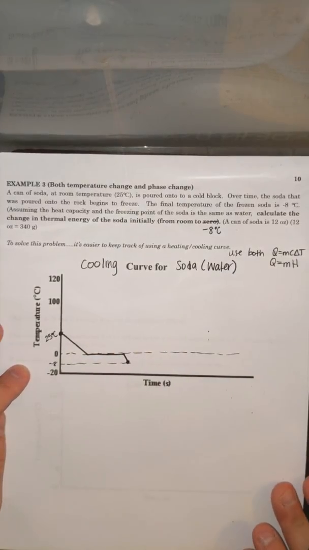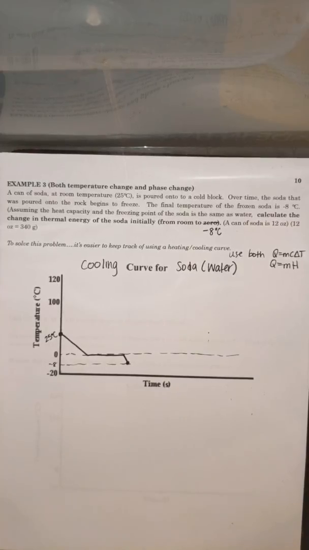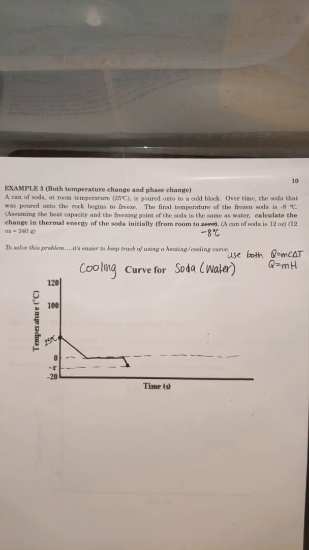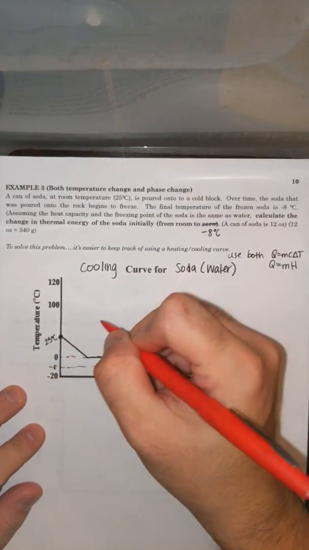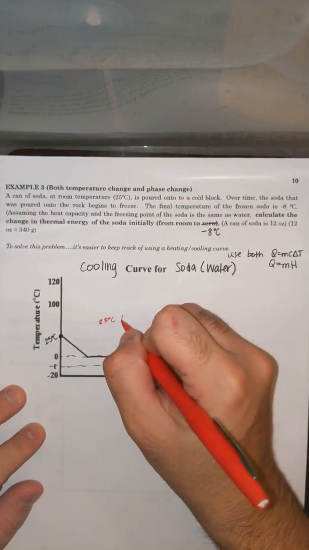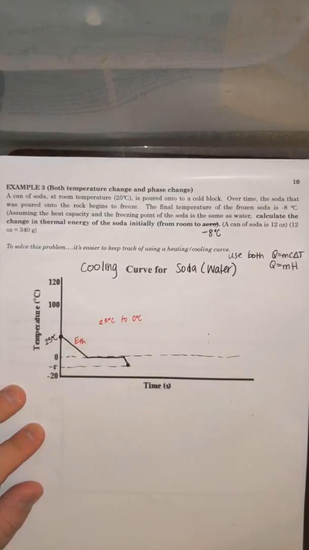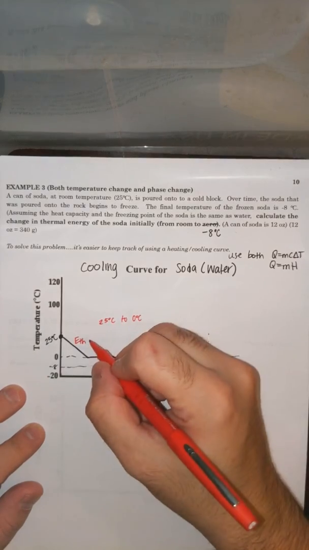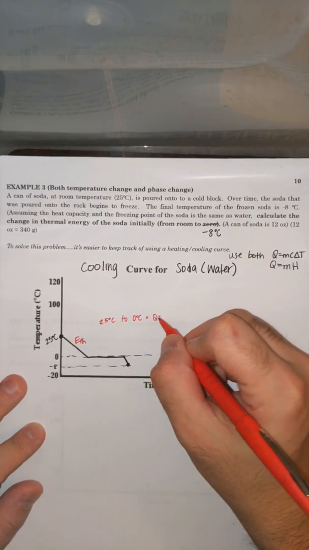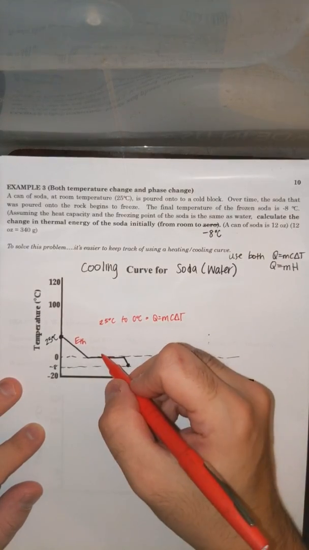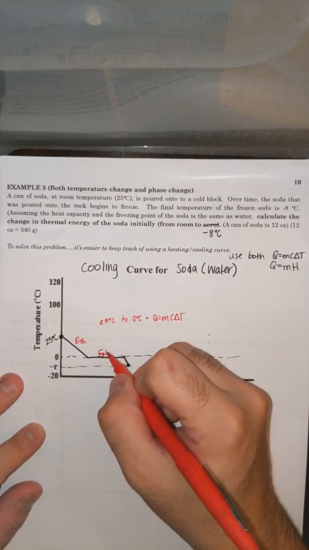As you can see, I'm going to have three different segments here, and let's label them. This segment where I go from 25 degrees Celsius to 0 is going to tap into thermal energy, and I have a change in temperature, so Q equals mc delta T is going to happen here. Then I'm going to have phase energy.